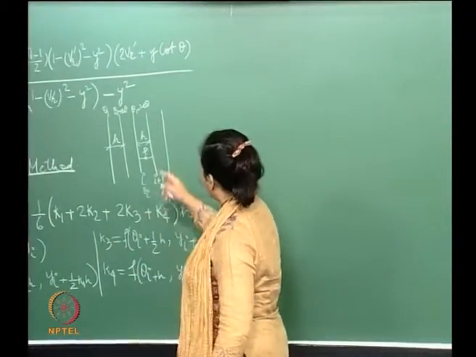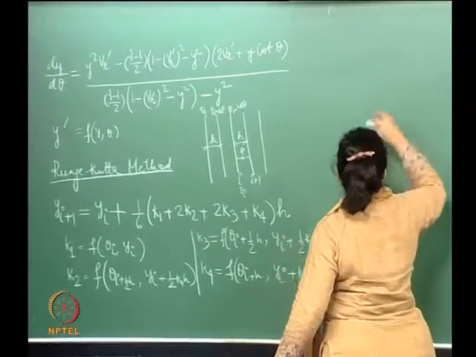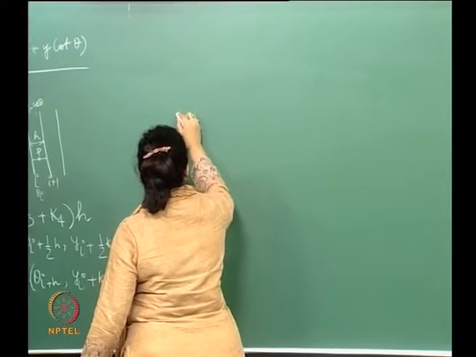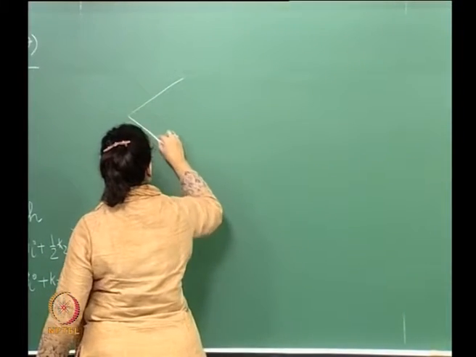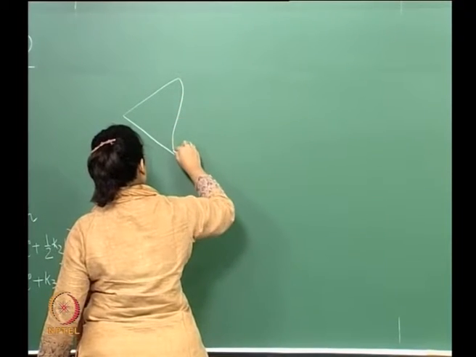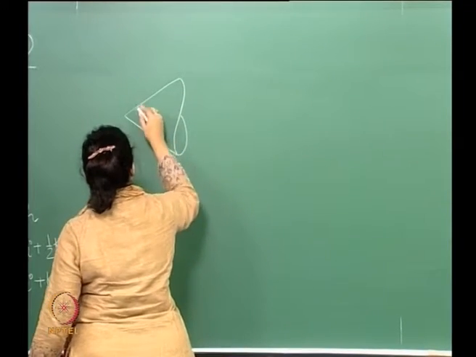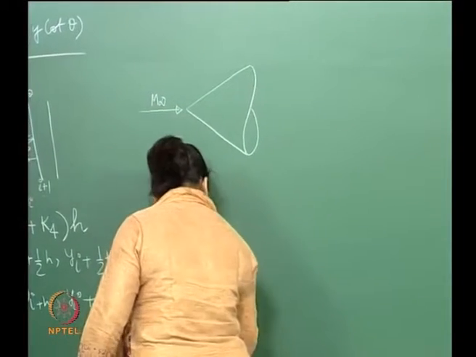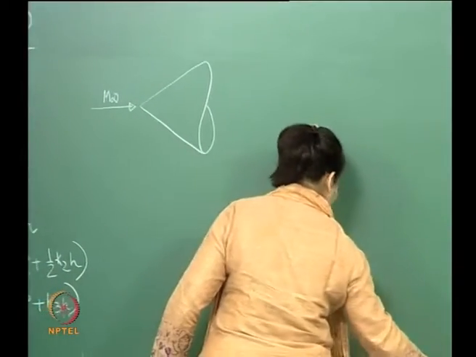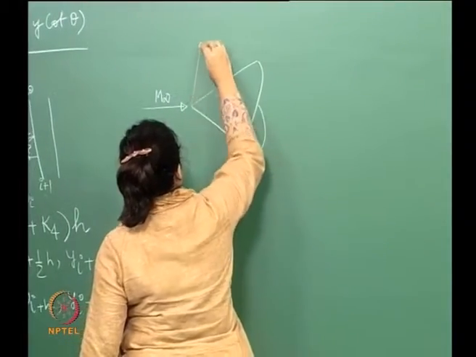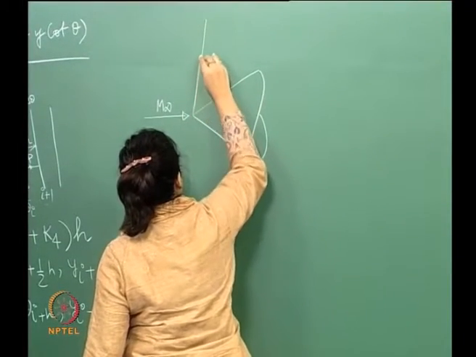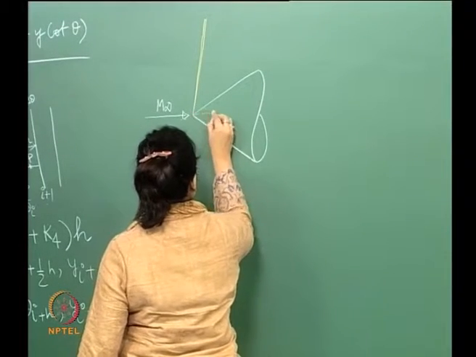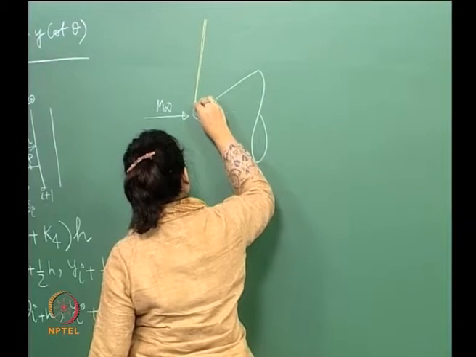So what is this theta in this particular case? Now, if you remember what we did last lecture, essentially what we have is this is our cone, and we have a free stream which is coming in, and this is our shock wave.